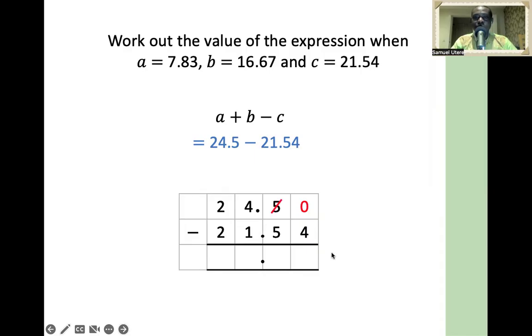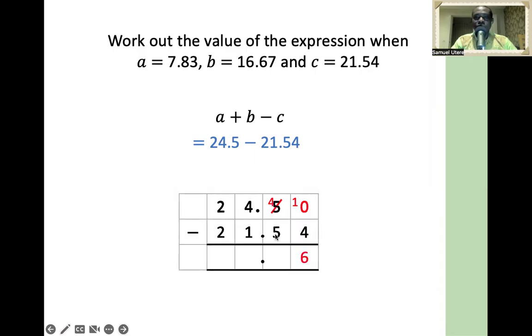You say, okay, I'm going to have to do an exchange from here. So that's 4, but that is now 1. That exchange of 1 we made from here is equal to 10 hundredths. Now there was none here before, so 10 hundredths subtract 4, that should be 6. Now remember, that's now left with 4.